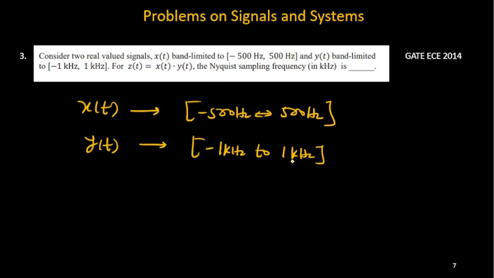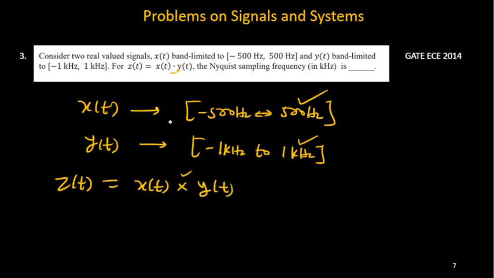So what is the maximum frequency for x(t)? It is 500 Hz. What is the maximum frequency of y(t)? 1 kHz, meaning 1000 Hz. Now z(t) is the product of these two, x(t) multiplied with y(t). Remember, this is a product, a multiplication.